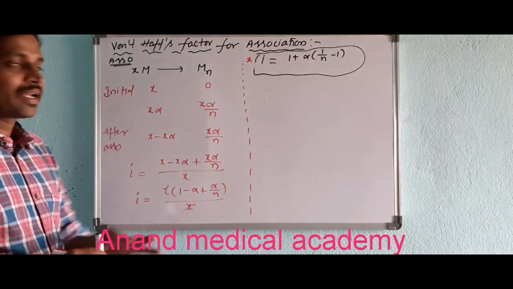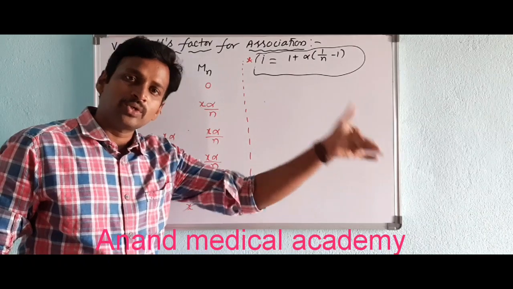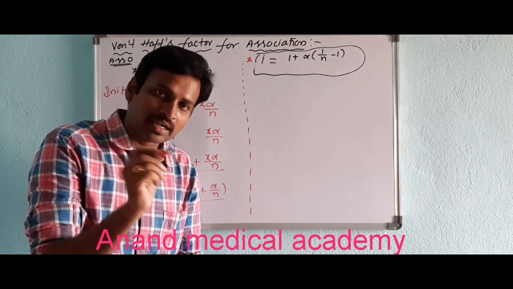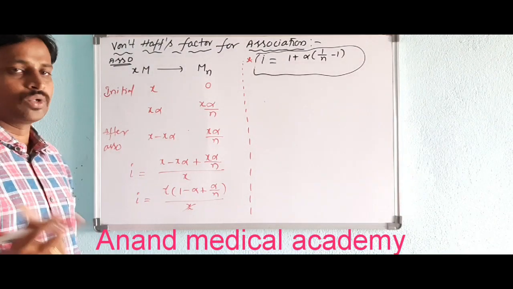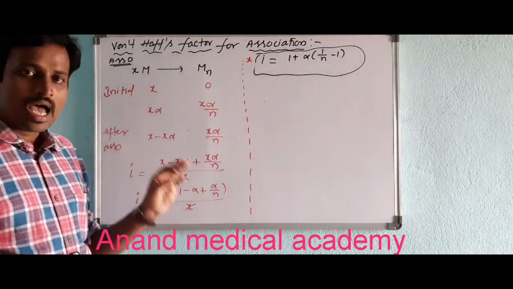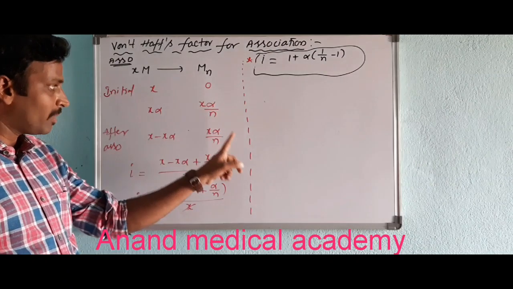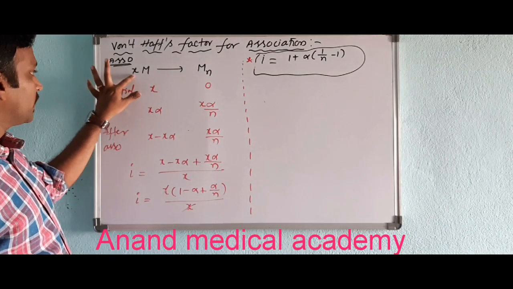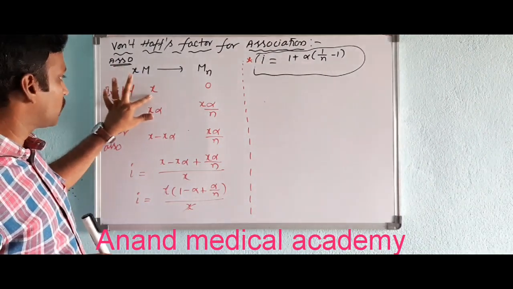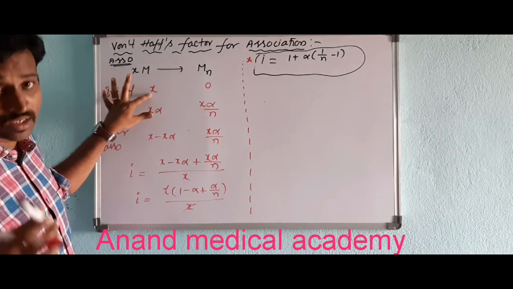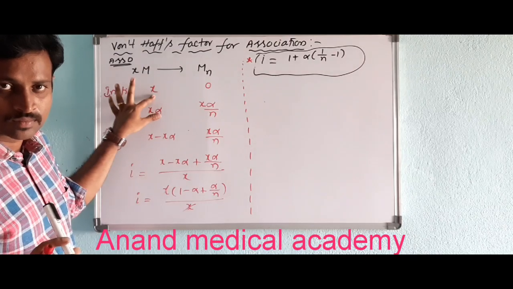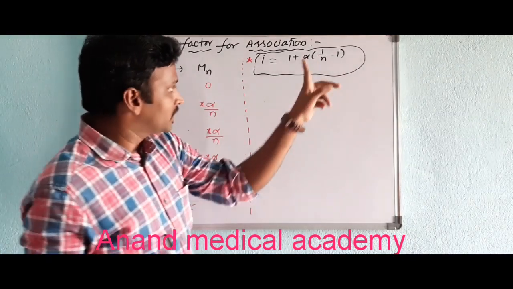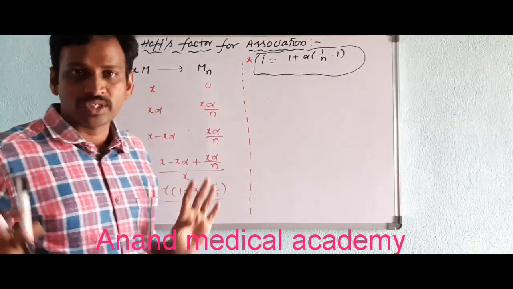If you compare both dissociation and association after writing in your notes, you will come to know very clearly. Dissociation means n alpha, association means alpha by n. Why did I write 1? Sir, here X moles are there, why did you write 1, you will ask me. That's why I am showing with X. Got it? And the only difference here is 1 by n we have to take.